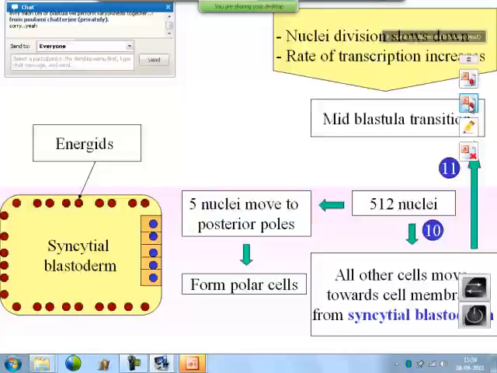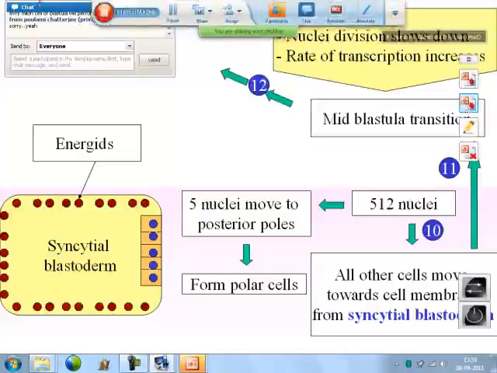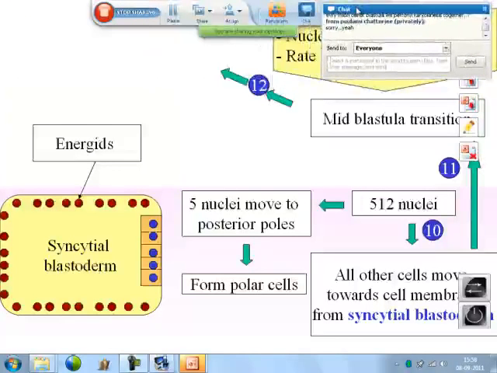Now, after mid-blastular transition, in cleavage number 12, the nuclei will normally keep on dividing.